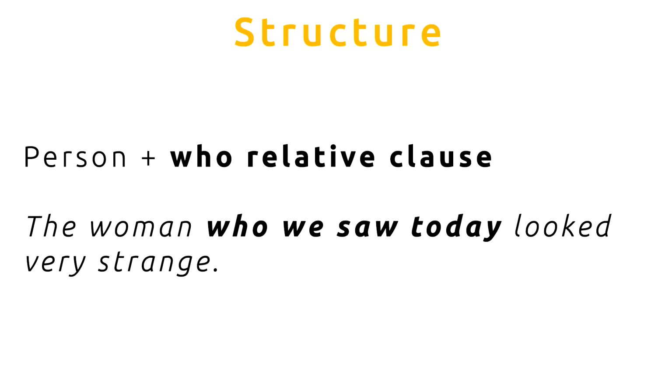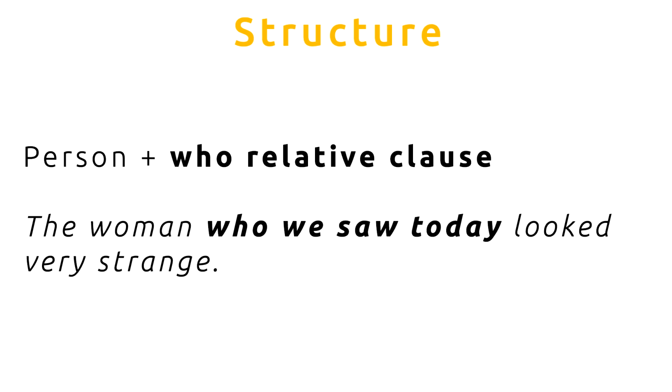So now let's move on to the structure for the relative clauses. Here's the structure for the who relative clause. We use a person plus who relative clause. For example, the woman who we saw today looked very strange.